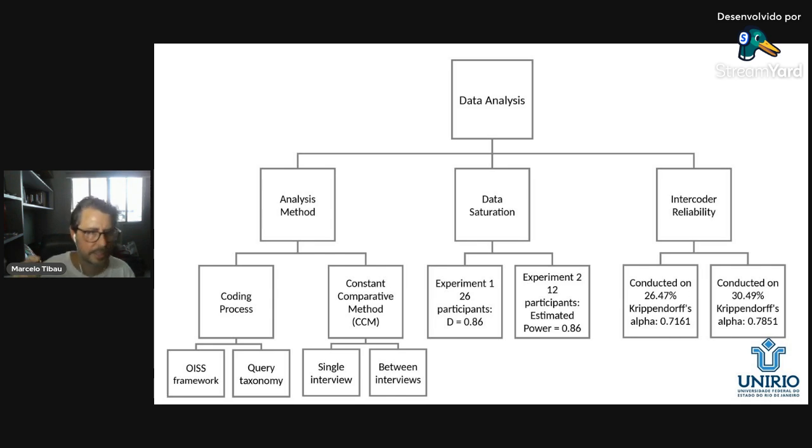I applied a data saturation process on both experiments. In the first experiment, data saturation was reached with 26 participants. In the second experiment, it was reached with 12 participants. I also applied intercoder reliability to assess the coding process.